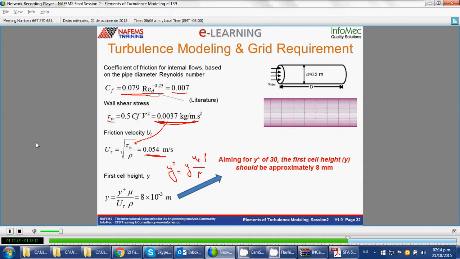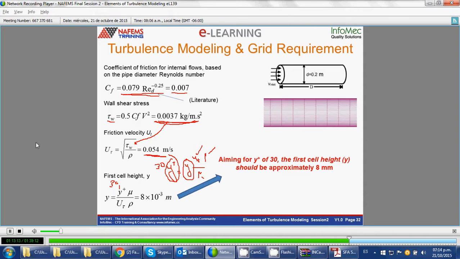Now I was looking for 30 here. I know what U tau would be, and I know what the density rho is, so now I could calculate what y would be. So you put 30 in here.